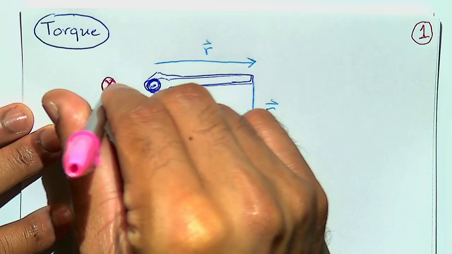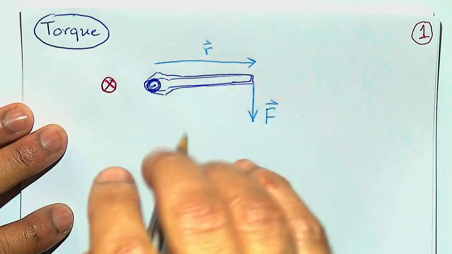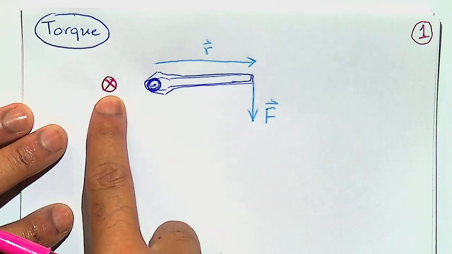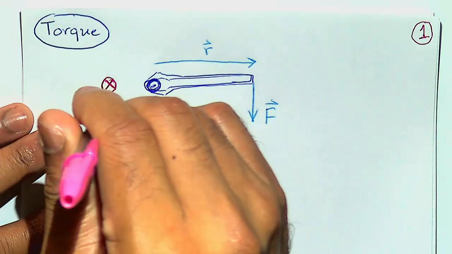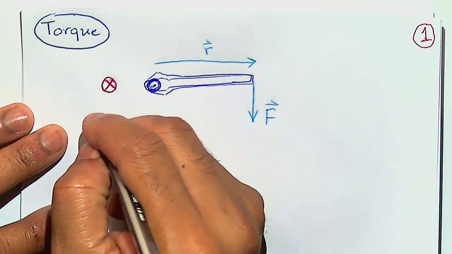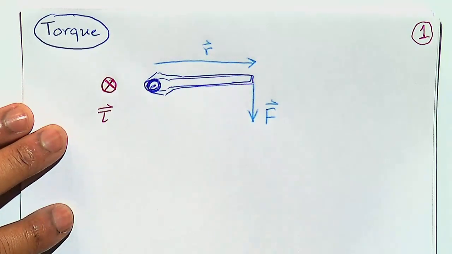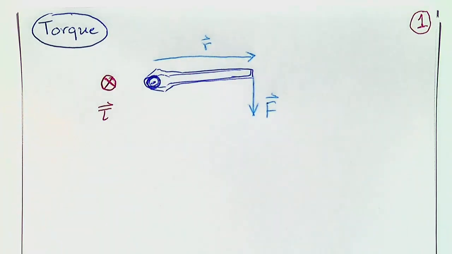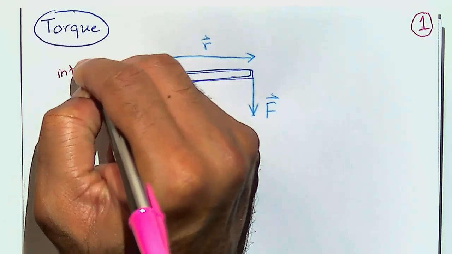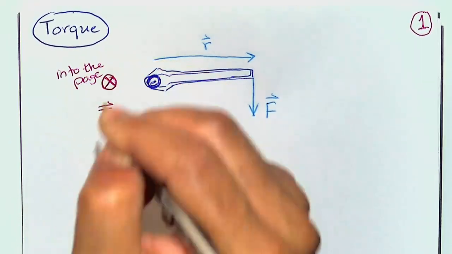So imagine a vector going into the page, and what the X means is kind of like the back of an arrow, right? You're watching the back of an arrow, and that's what the X means, that it's into the page. So this is the direction of torque, Greek symbol tau, still a vector, right? And this is going to depict into the page.